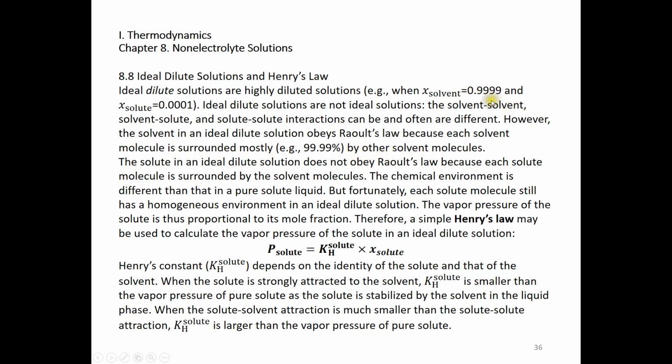In this situation, 99.99% of the molecules that surround a specific solvent molecule are other solvent molecules. So again, 99.99 is almost pure. So that's why the solvent behaves like a pure solvent liquid.